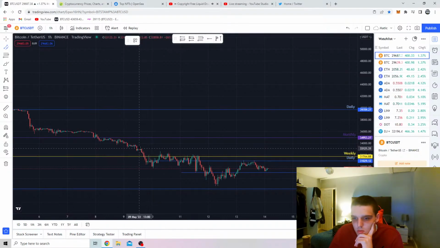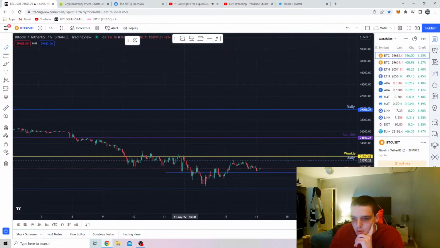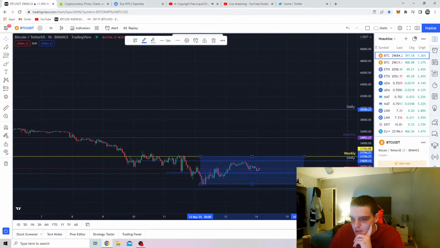My theory, we'd have a roundabout from 27k to about there. That's where I reckon we'll stay in a range potentially.